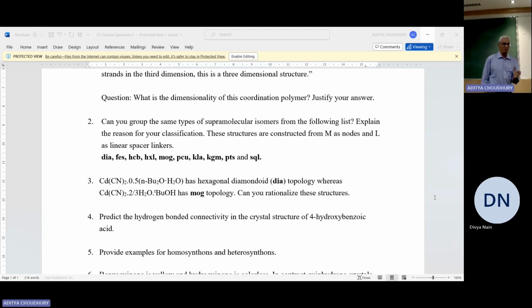Isomer means they should have exactly the same molecular formula. In this case, I consider you as M and L. That means you need to find out M and L in GIAN. What is the metal to ligand ratio in GIAN?